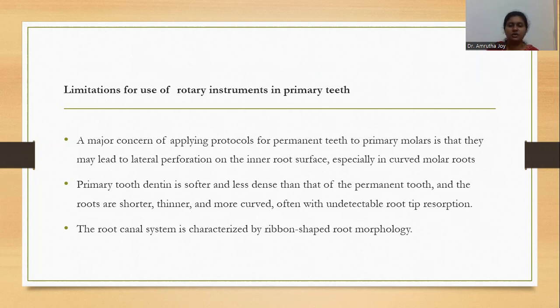So roots are shorter, thinner, and more curved, and undetectable root resorption may also be present. And the root canal morphology is entirely different from the permanent tooth. That is, a ribbon-shaped root canal morphology is seen in case of primary tooth. All these will limit the usage of rotary instruments in primary tooth.